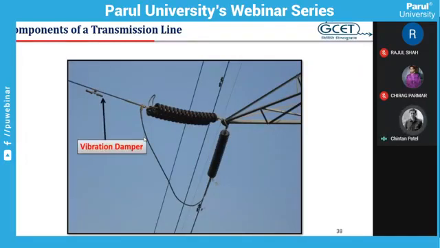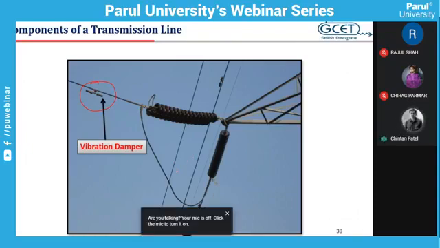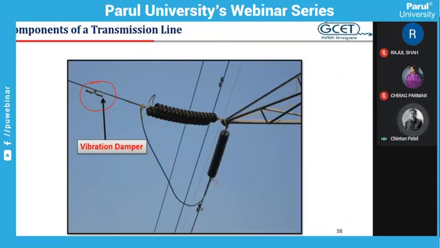The next is the vibration damper. You can see this device, the vibration damper, which is connected near the insulator string. It is a very important device. As we know, the transmission line conductor is connected between two insulator strings at two towers. So the transmission line conductor is like this.